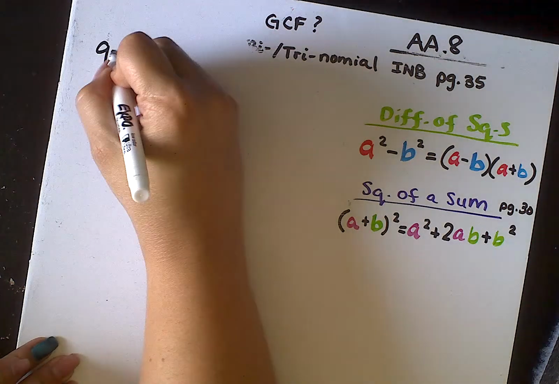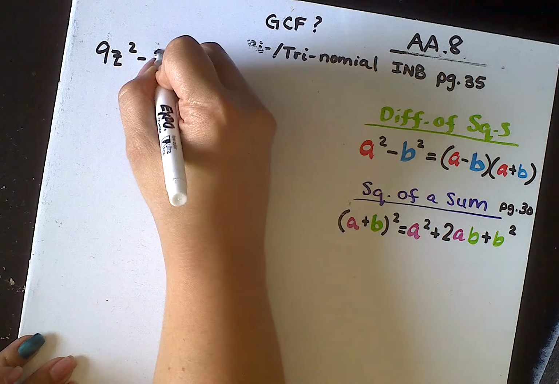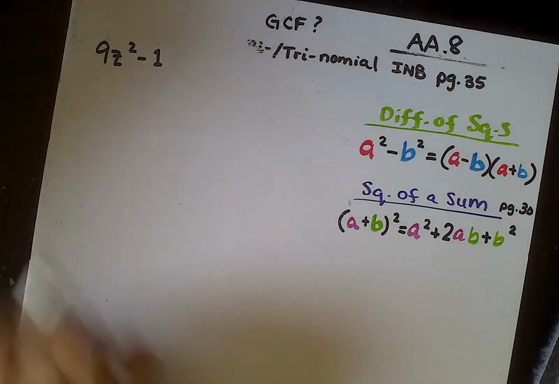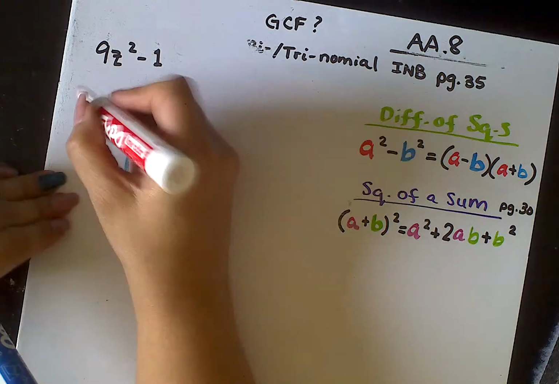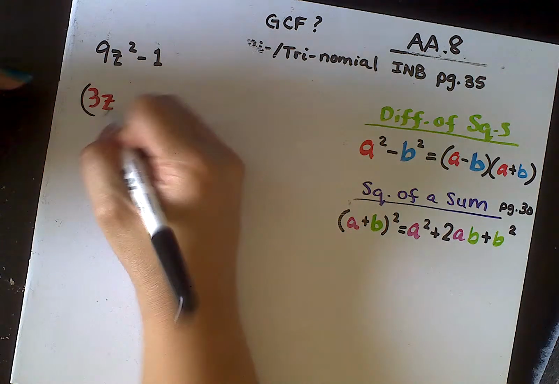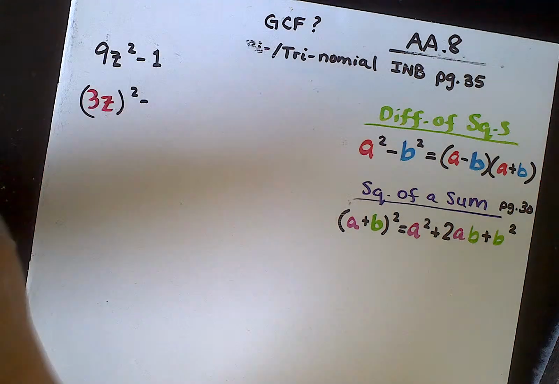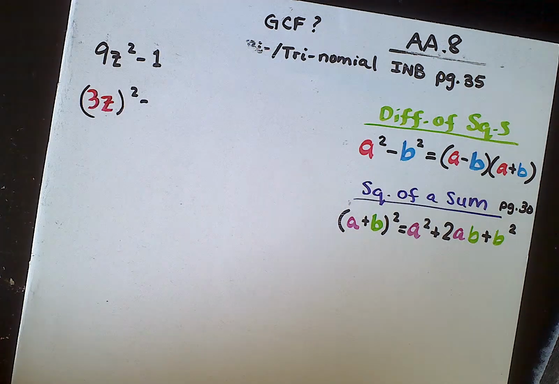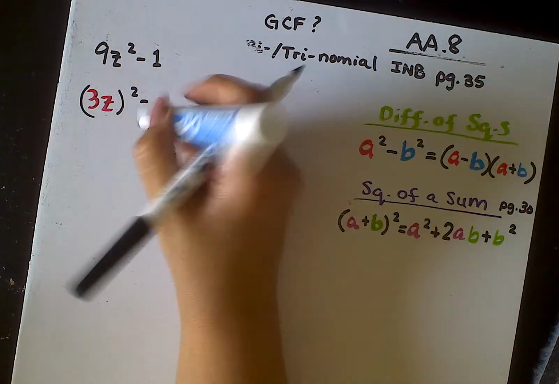So on my first problem, it's very simple. It's 9z squared minus 1. Of course, you can recognize that it's a difference of squares. So 3z squared minus 1 squared.